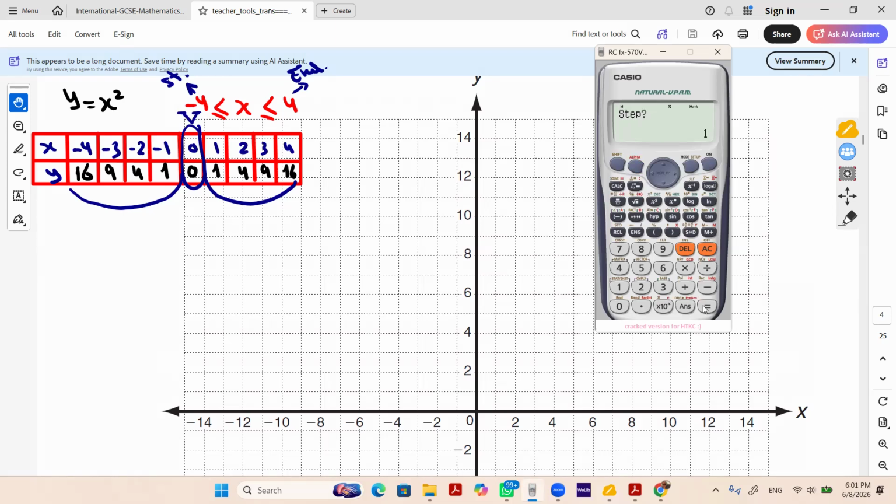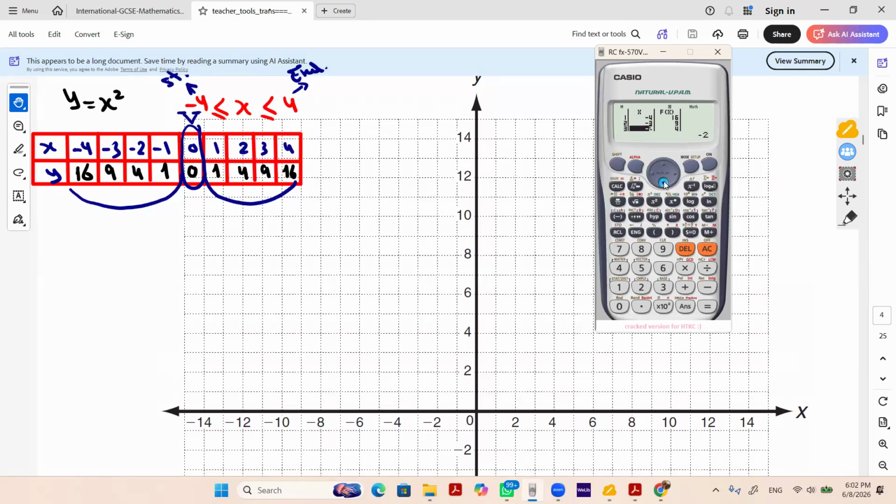Step 1, the first step, it will make the table. X here when it's negative 4, the Y becomes what? fx, see it? x and fx mean x and y. When x is negative 4, y is 16. When x is negative 3, y is what? Can you see it or not? Yeah, 9. When x is negative 2, y will be what? 4.